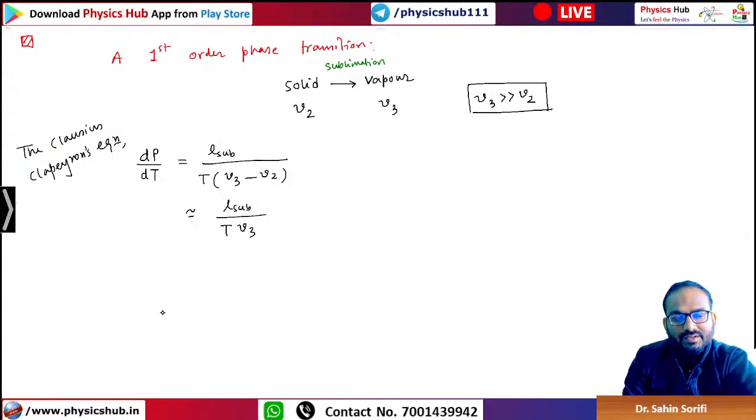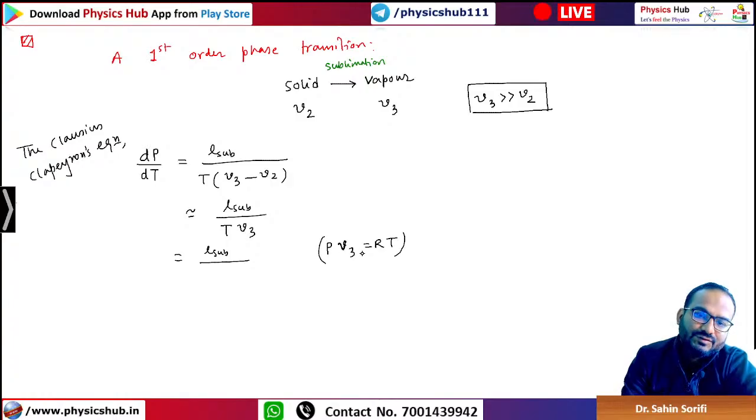Now you know PV is equal to nRT. So if I apply, pressure times V3 is equal to RT, we can write L sublimation divided by T times V3.